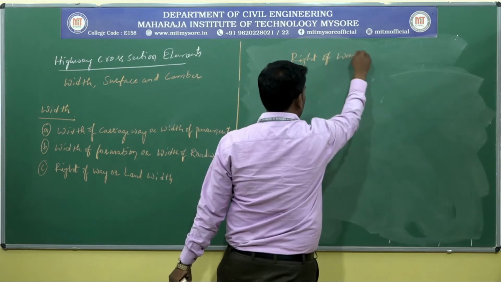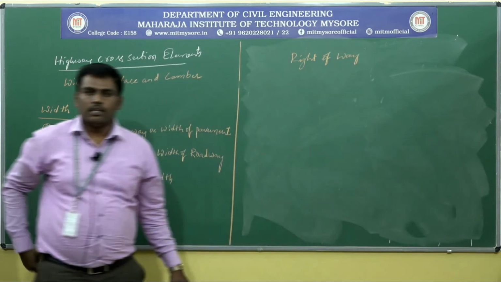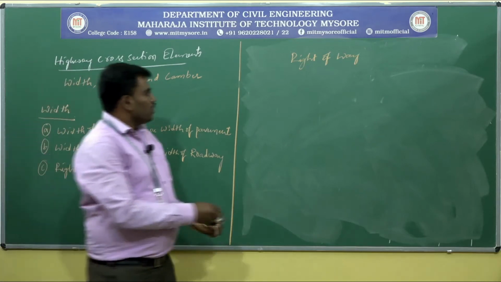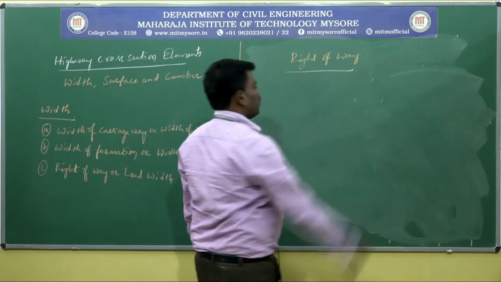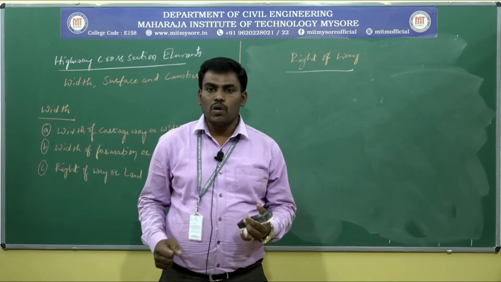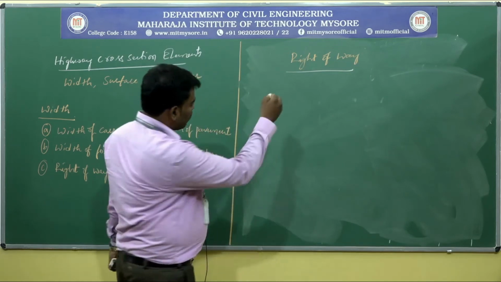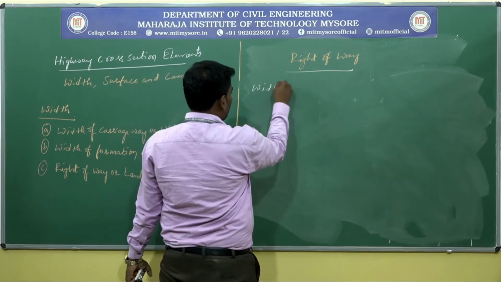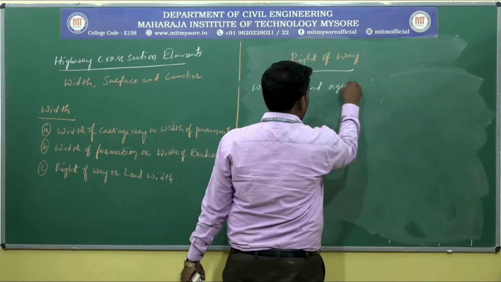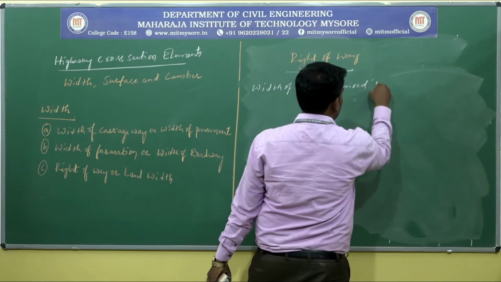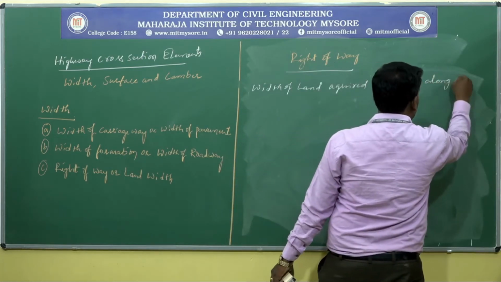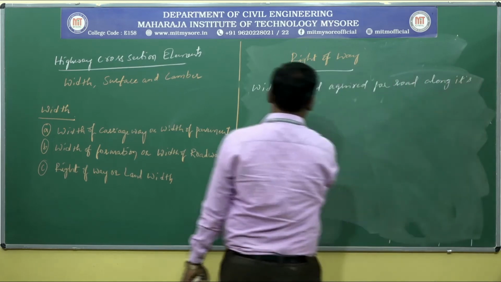Right of way or land width. Is it clear? Right of way is the width of land acquired for the road along its alignment.